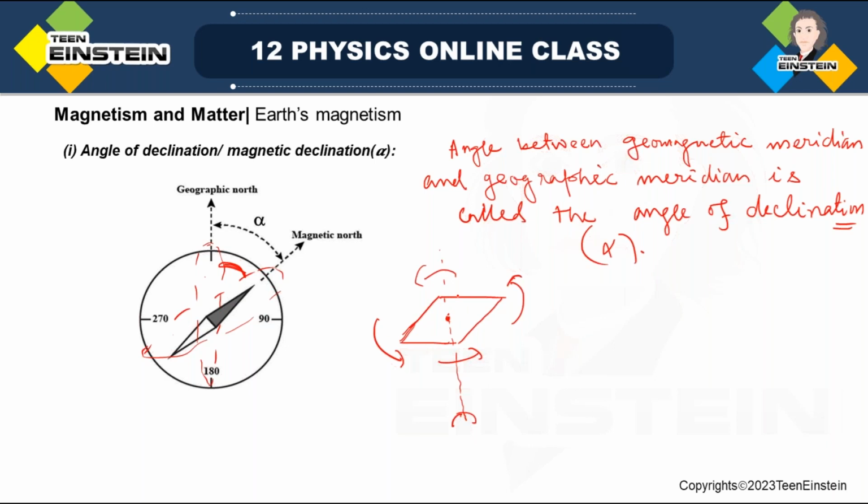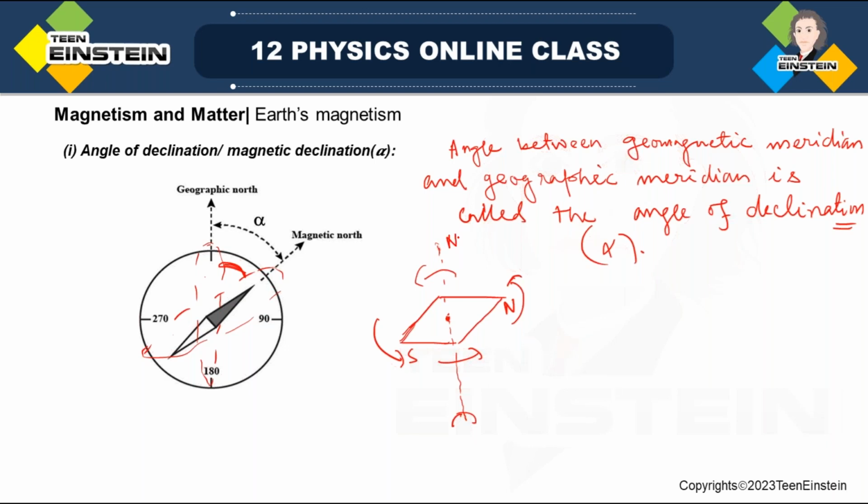If you just keep it like that, the magnetic needle will come to rest, or it will settle down, giving some direction, magnetic north here, and this is magnetic south. And suppose this is the geographic north and south.